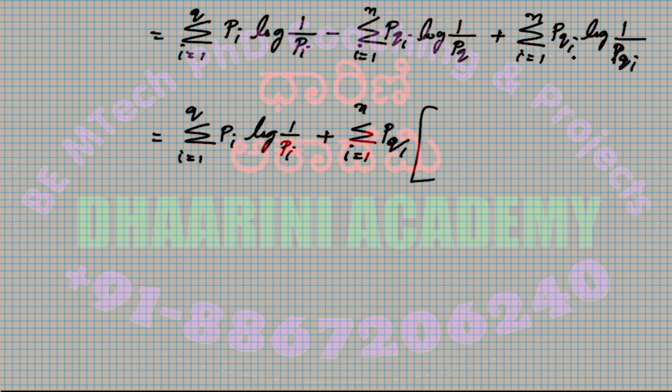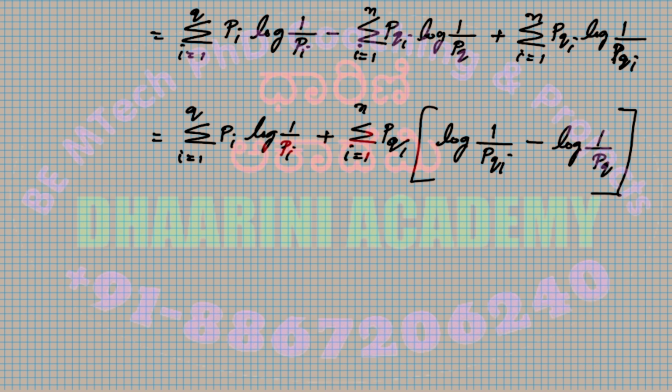So what remains inside when the PQI goes out? Log of 1 divided by PQI, that's the second term, minus the first term, log of 1 divided by PQ. We know that log a minus log b is log of a by b. Is it okay? Fine.